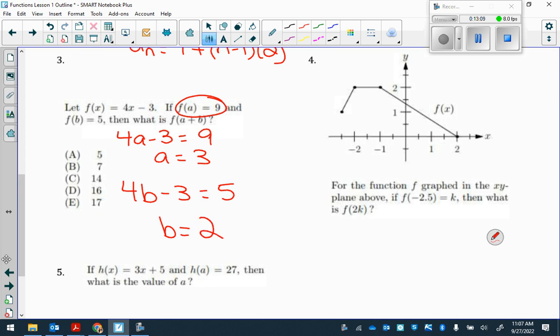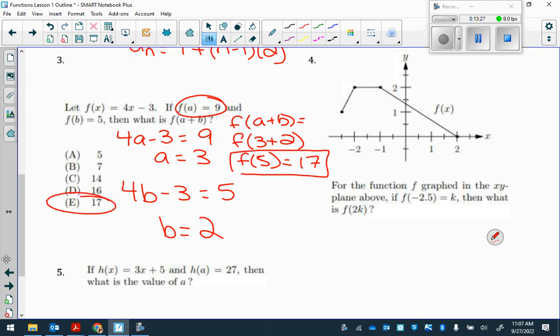Okay. Now, f of A plus B is f of 3 plus 2. We have to now find f of 5, which is 17. Excellent. Yeah, awesome job.